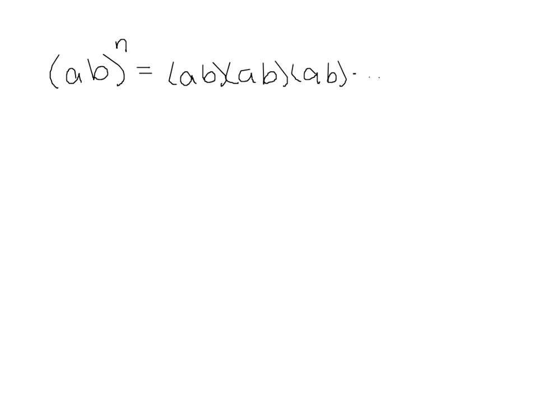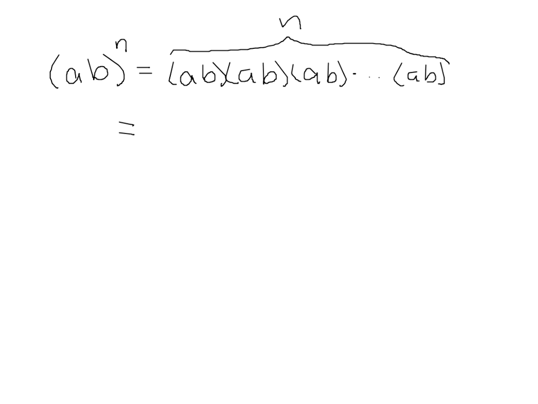Another rule would be if we have something multiplied together raised to an exponent. So that would be a times b times a times b, and we would do this n times. So we would have n of these ab pairs multiplied together.